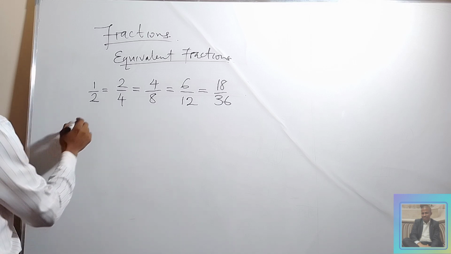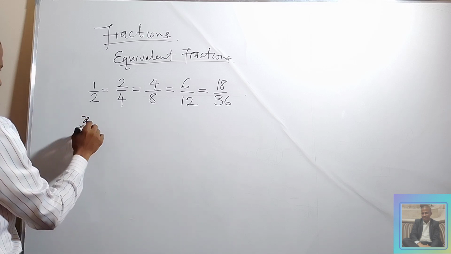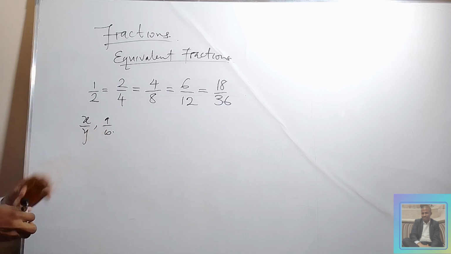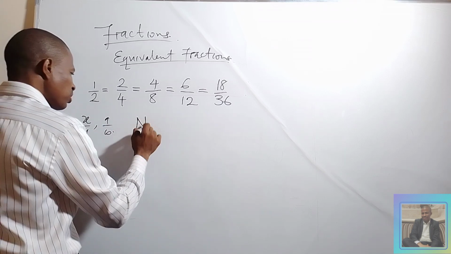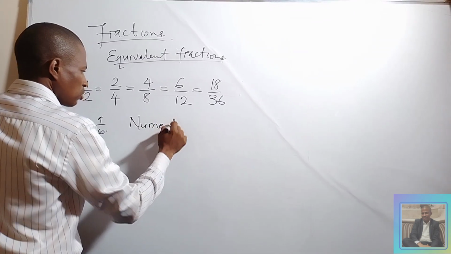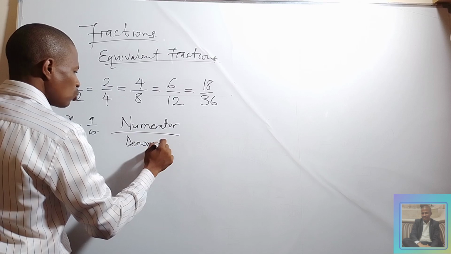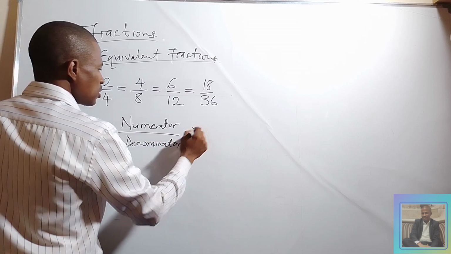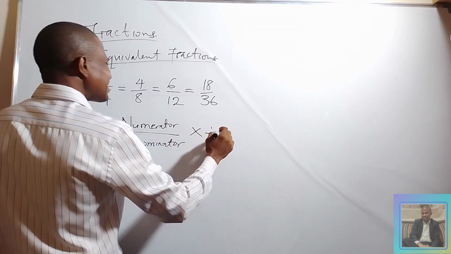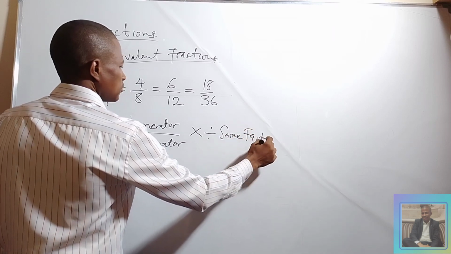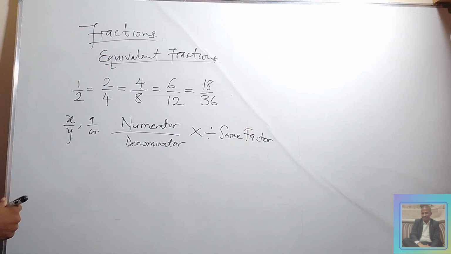Whenever we have any kind of fraction and we want to make it an equivalent fraction, we multiply both the numerator and the denominator, or we divide them, by the same factor, the same number. What do I mean?